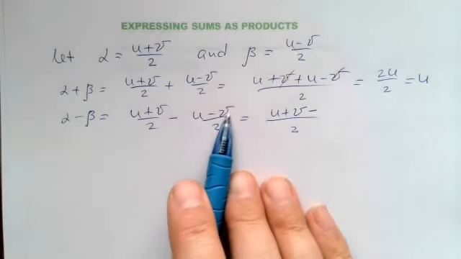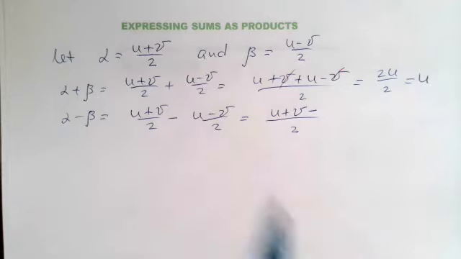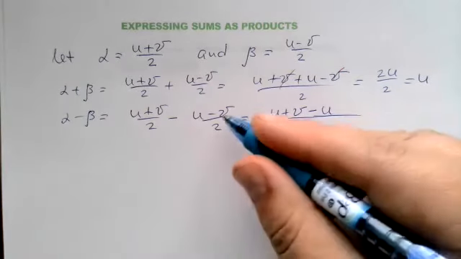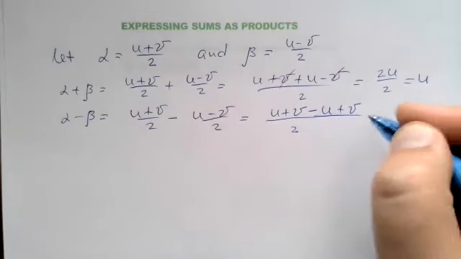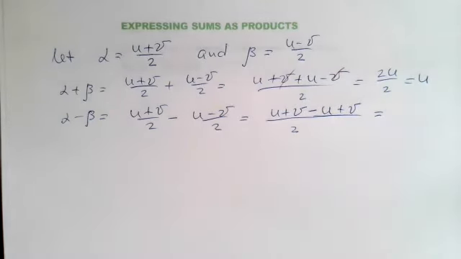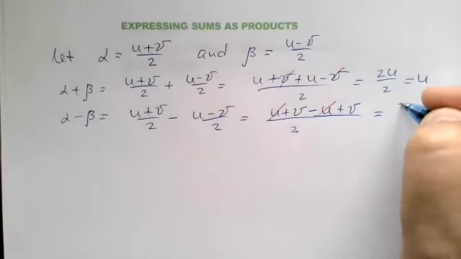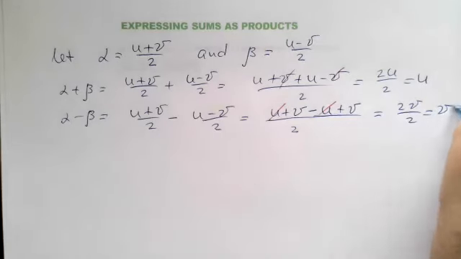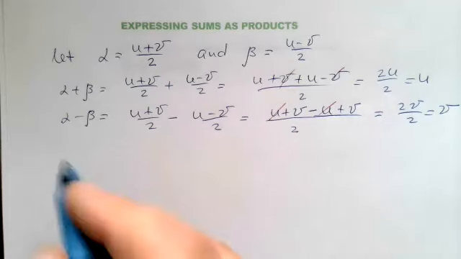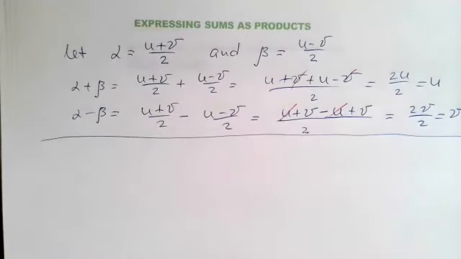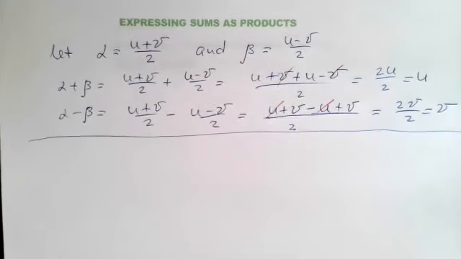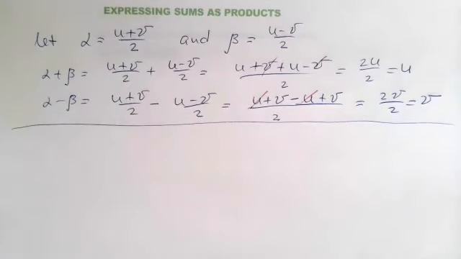Remember that this negative will be distributed, so U will change its sign, and so will the sign of V. Now the U's will cancel out, and we're going to have 2V over 2, so that equals just V. So that's our preliminary work, the reasoning that will go into our derivation of our new formulas.